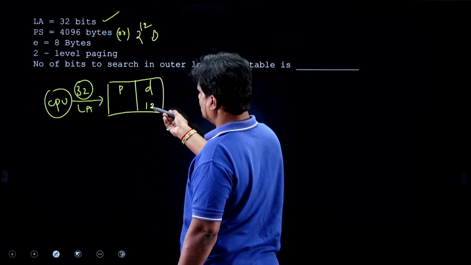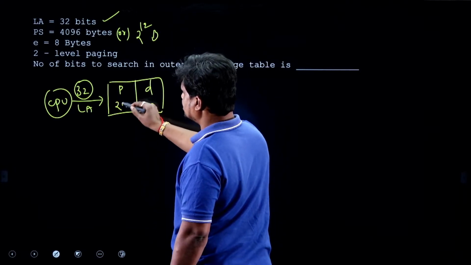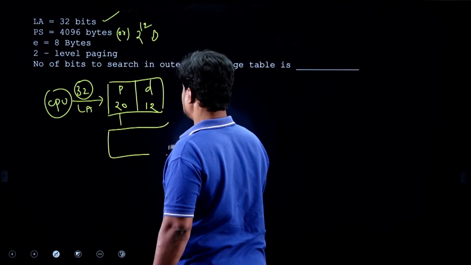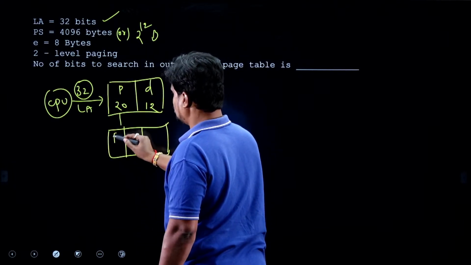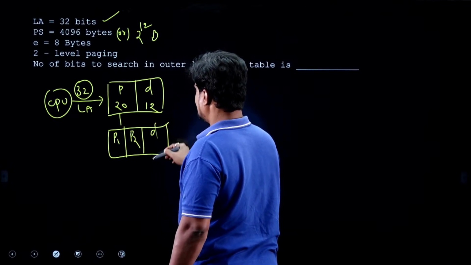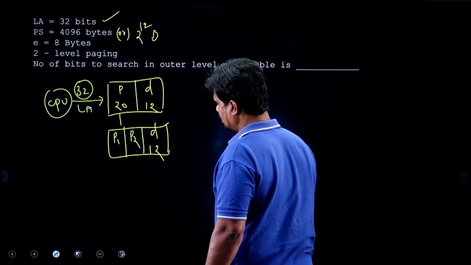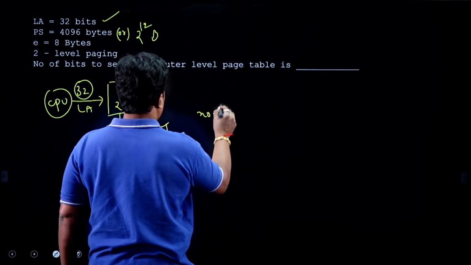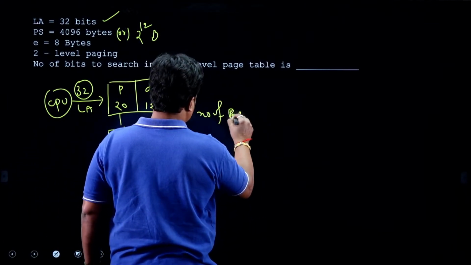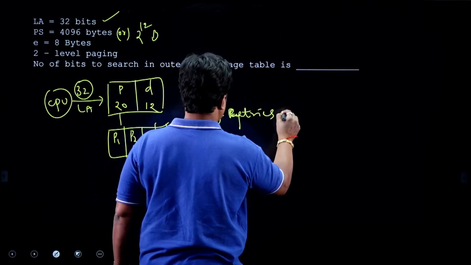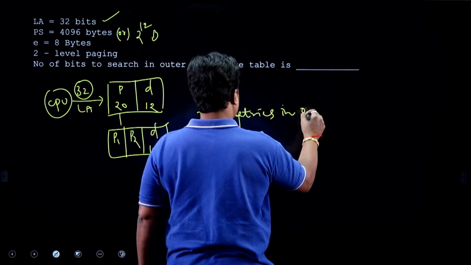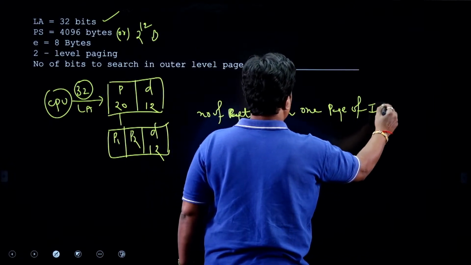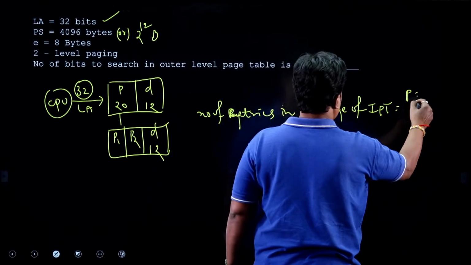This is 12 bits of offset and the remaining 20 bits is your page number, but this is mentioned as 2-level paging, which means this is being divided into P1, P2 and D. D value is anyway 12. So what we have to calculate first is the number of entries in one page of the inner level page table, which equals page size by entry size.